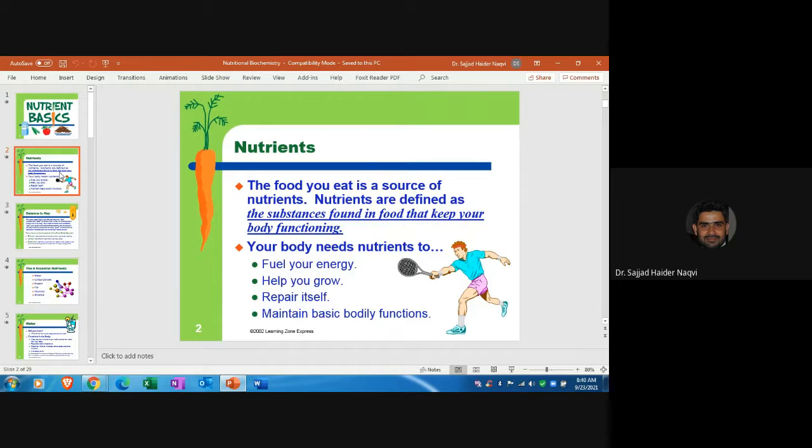Now, your body has different needs for different nutrients, and there are different functions for them as well. For example, as I said, the most important role of a nutrient is to provide you energy. So that means it's a fuel for your energy. Besides that, the body is also in continuous growth, so you need energy to grow, and nutrients provide that energy.